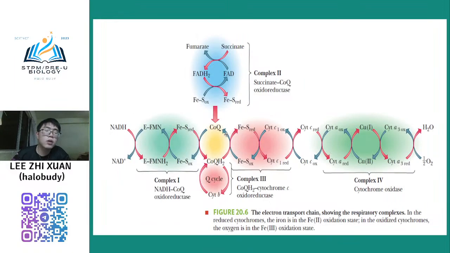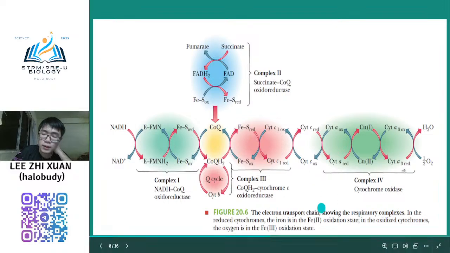Okay, now we go through this. So this is actually more detail about the electron transport chain. Macam mana dia oxidation and reduction. Macam mana dia oxidize again and then reduce again. So you see here all these semua ni, the complex 1, complex 2, complex 3 and complex 4.